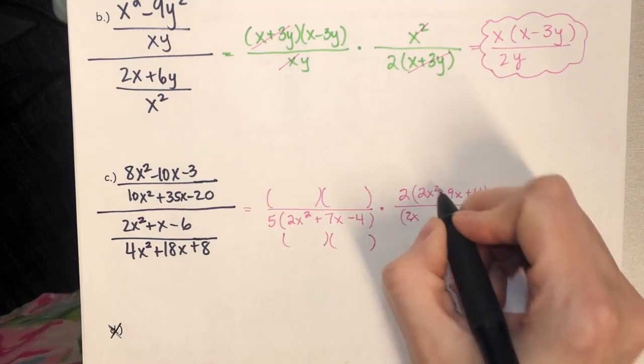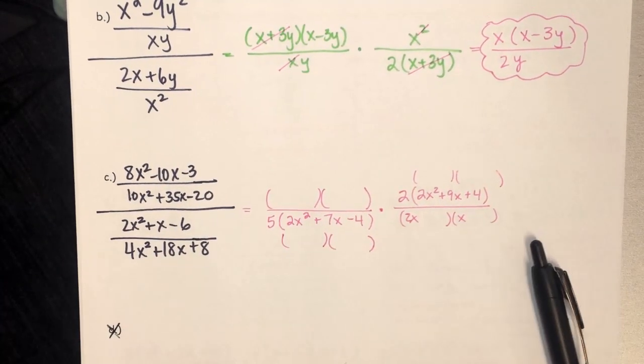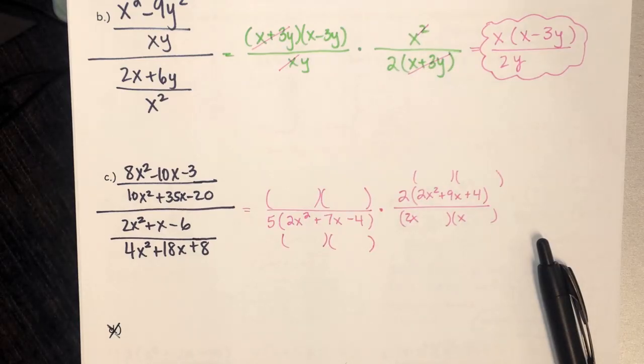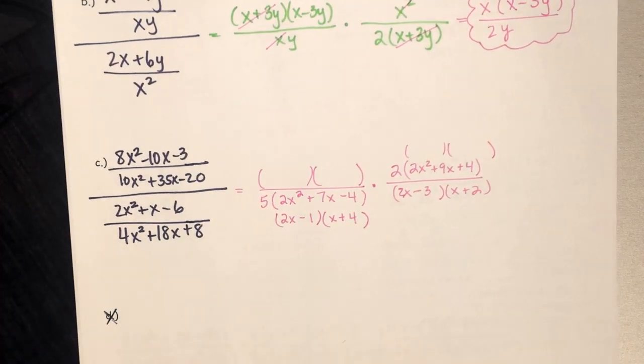I would factor all of these first, because sometimes that can help you with whether you want 4 and 2 or 8 and 1. To 1, 4 minus 3 is how you get your 1.